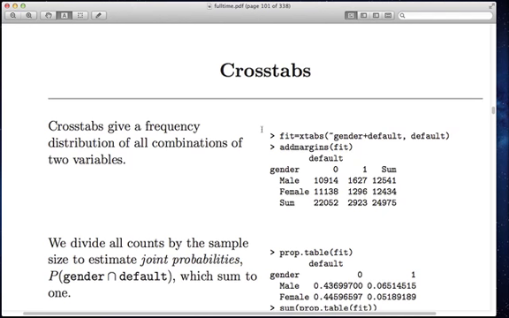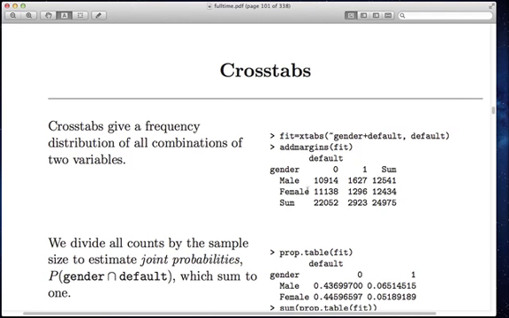So what is a crosstab? We're going to use the defaulting customer case as one example. A crosstab is really just a frequency distribution of all combinations of two variables. Let's keep this really simple.